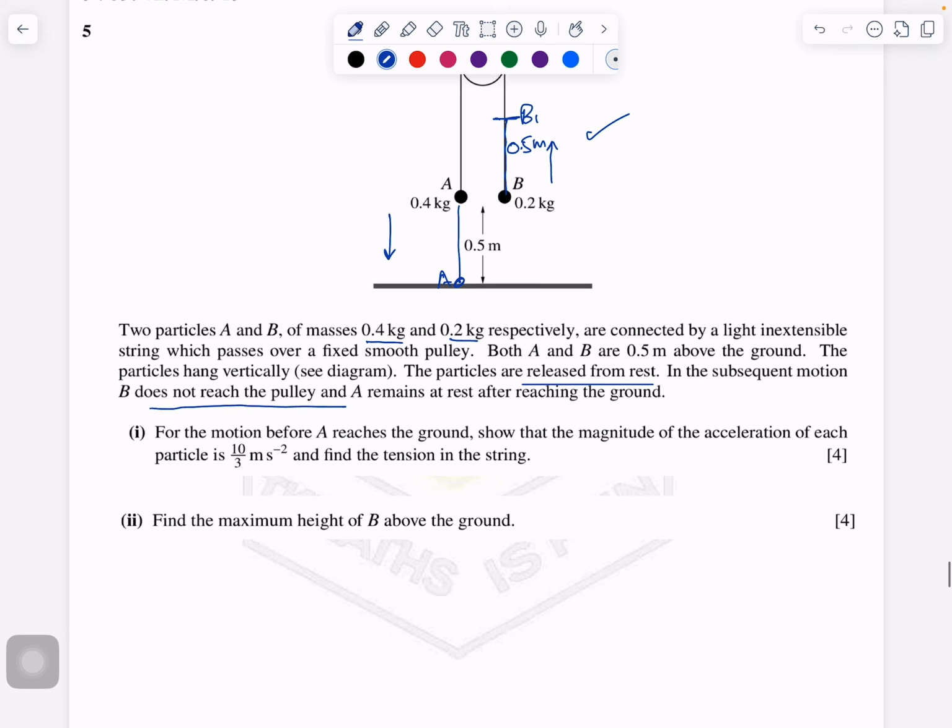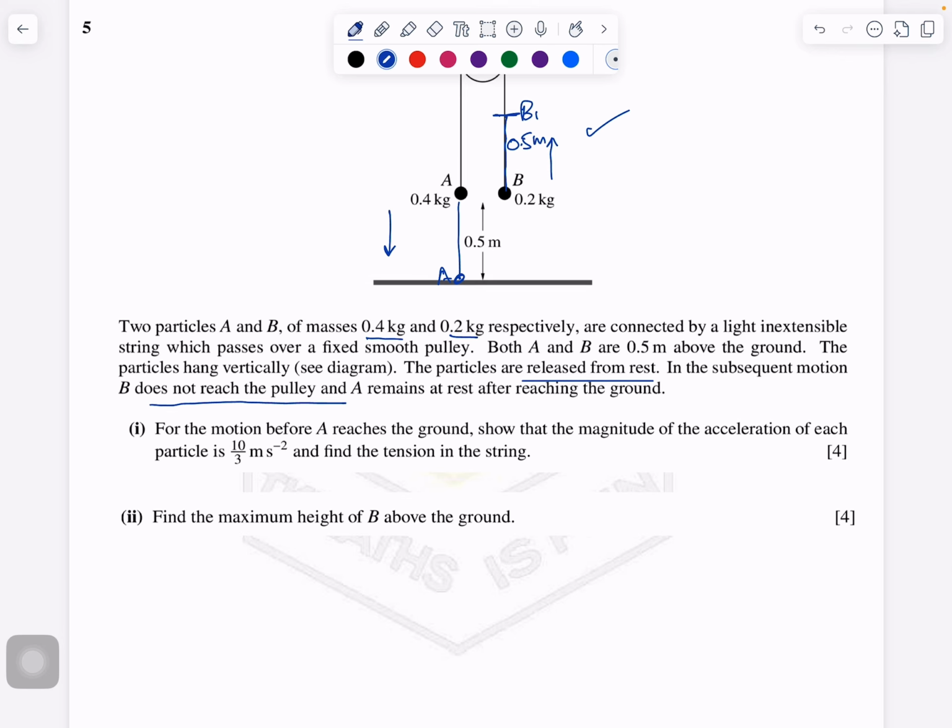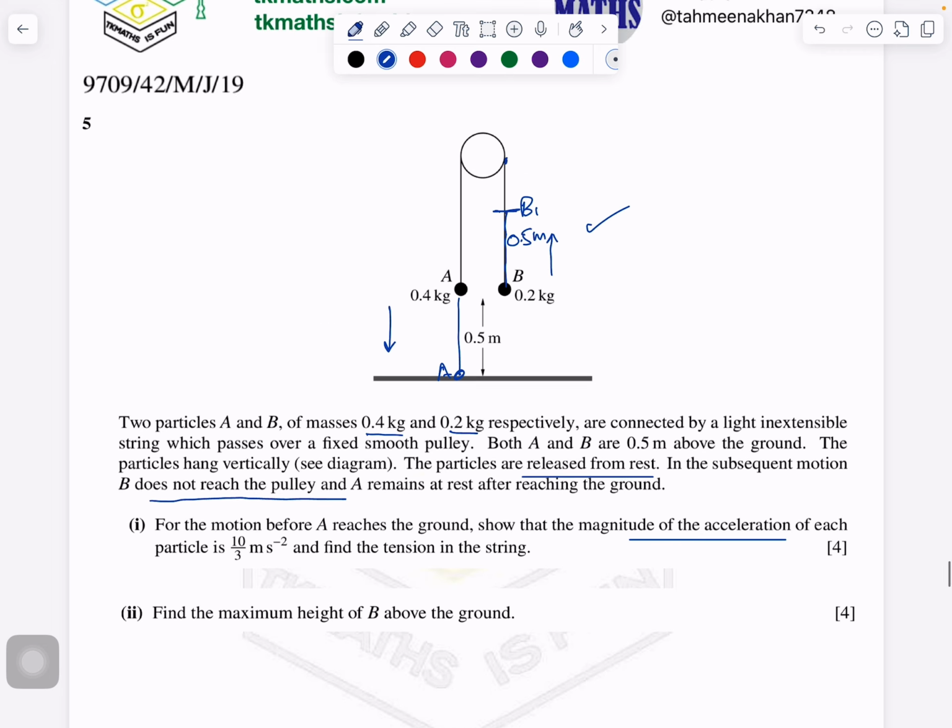Now, part 1. For the motion before A reaches the ground, show that the magnitude of the acceleration of each particle is this and the tension in the string. So this is exactly what we have done. We will make two separate equations for particle A and particle B according to Newton's second law of motion.